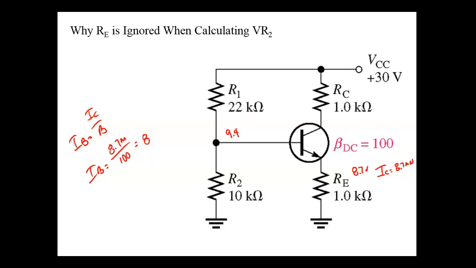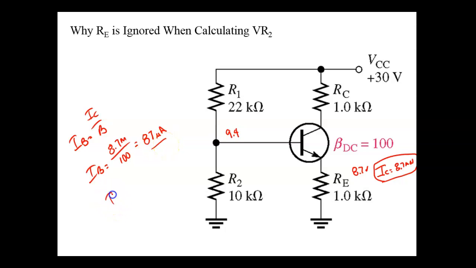87 microamps. Okay, so our base is seeing over here, it's seeing 8.7 volts at this current right here.